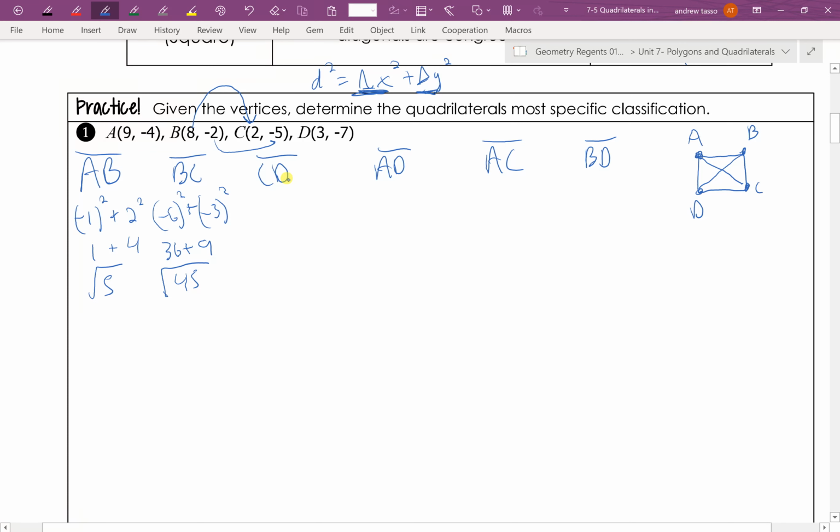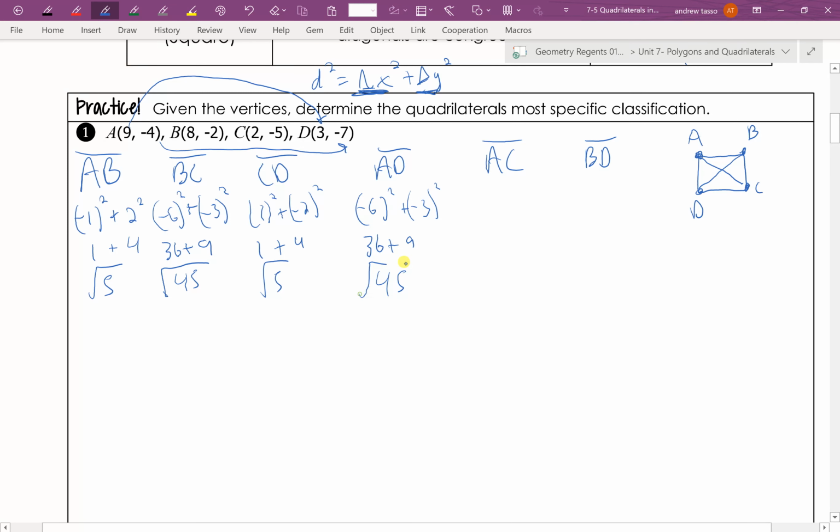Don't forget the square root. Next, we have CD. The change in x is 1. The change in y is -2. So we get 1 and 4, so that's square root of 5. And finally, we have AD. The change in x is that it goes down by 6. The change in y is that it goes down by 3. So this equals 36 and 9, so square root of 45.